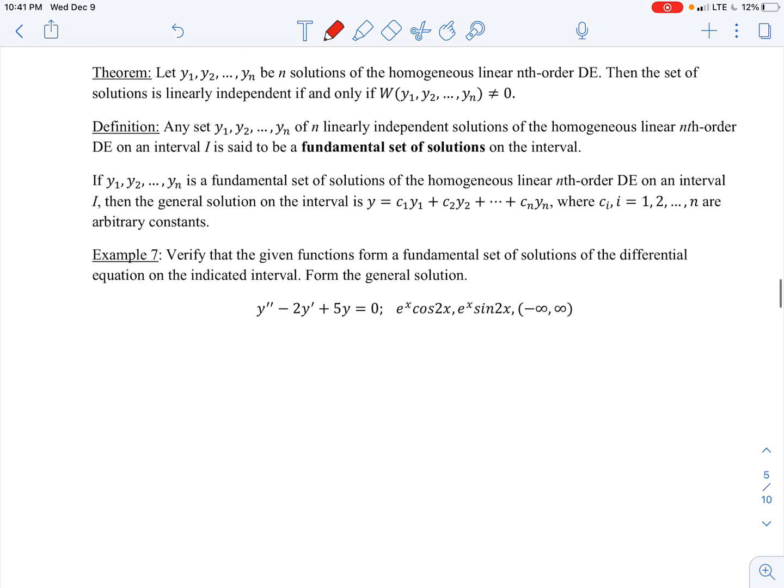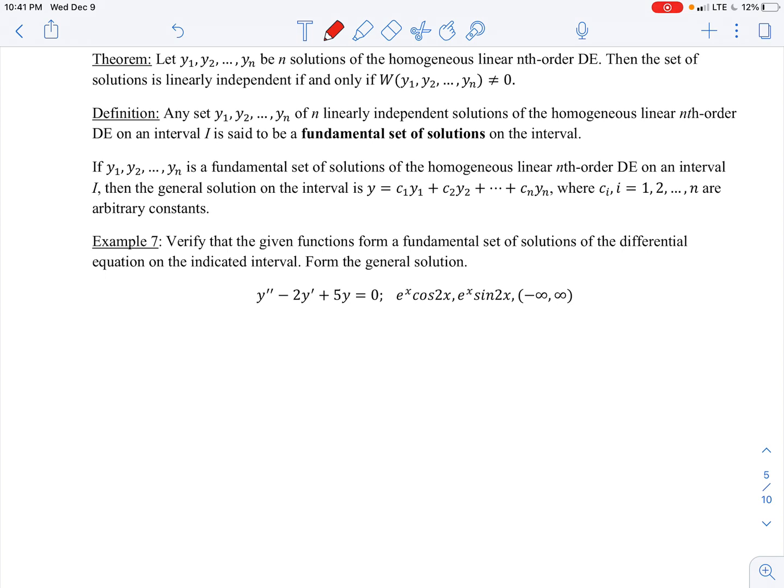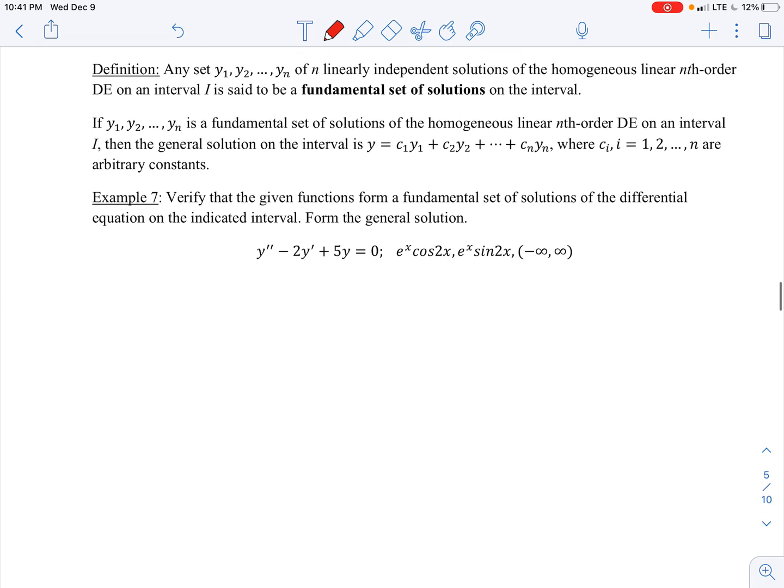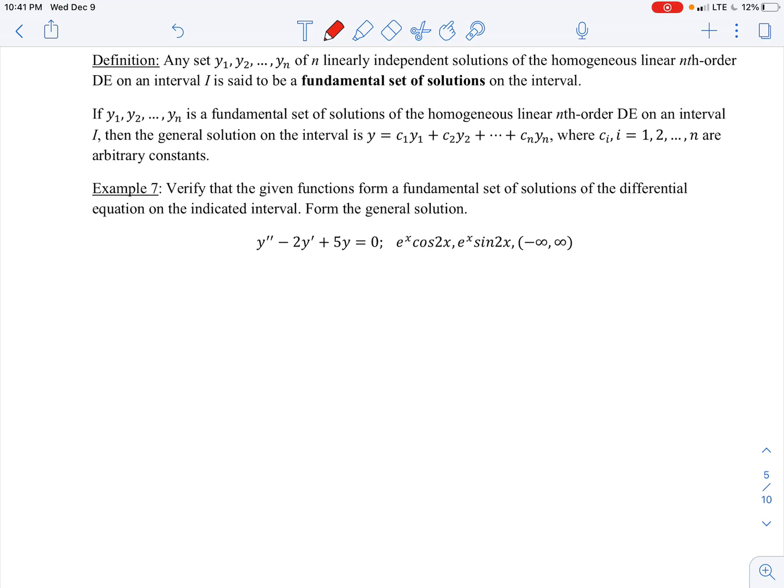So let's verify that the given functions form a fundamental set of solutions of the differential equation on the indicated interval, and form the general solution. What we're going to do is confirm that this is a fundamental set of solutions, so we're just going to do the Wronskian.